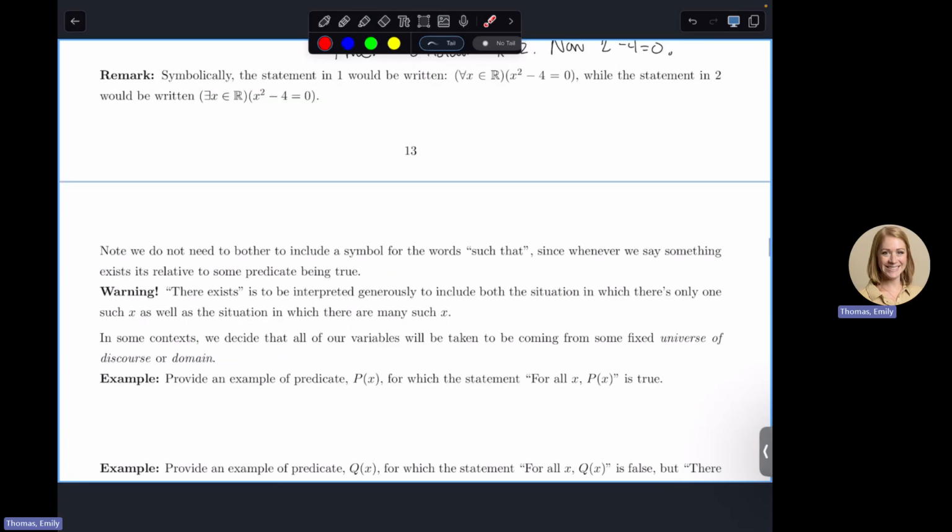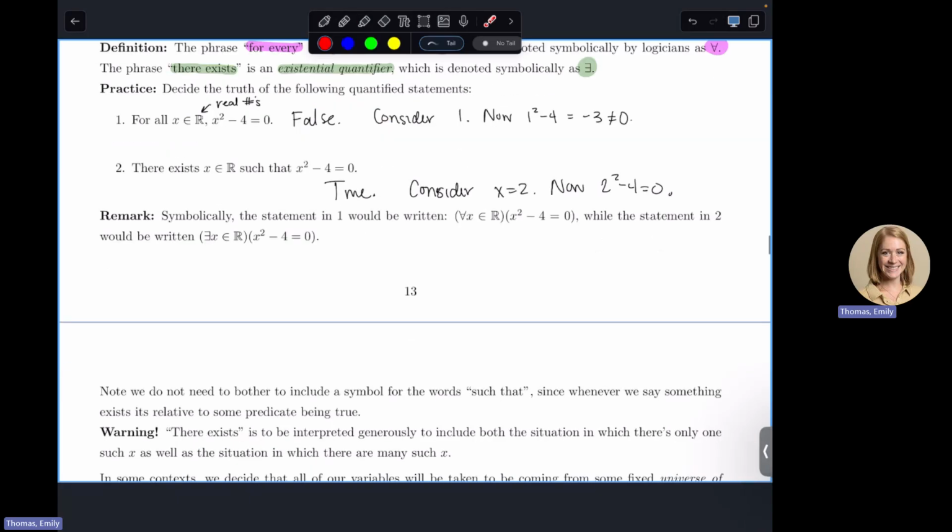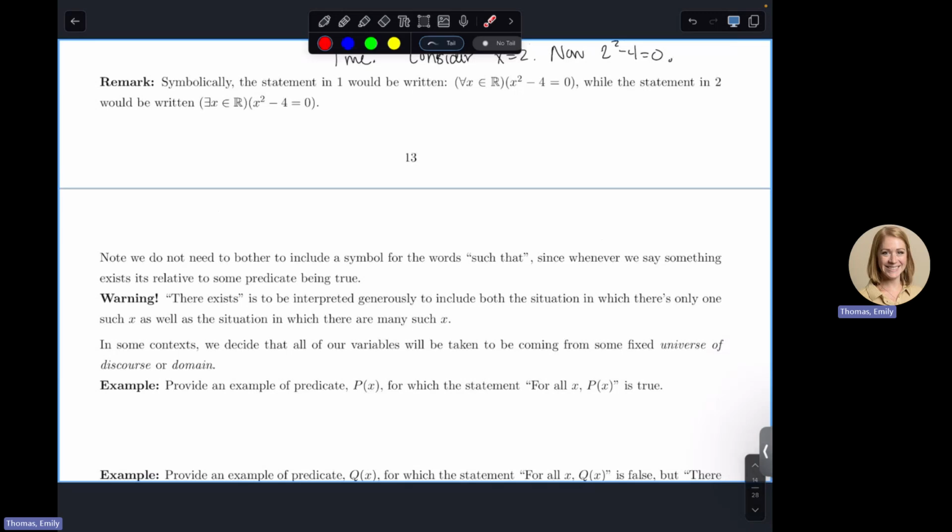We don't have to include a symbol for such that, I kept saying it, but it just follows from the stuff. So there's no symbol. In set notation, we use a bar for such that. Do you know this? This is fun to teach you guys. The set of all x such that, say, -3 is less than x, which is less than or equal to 2.